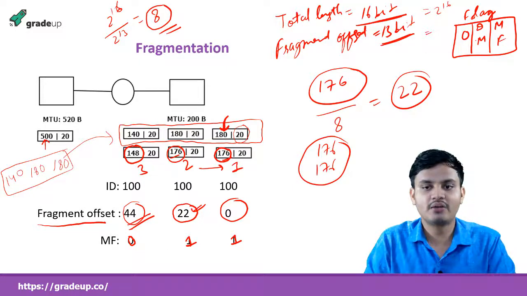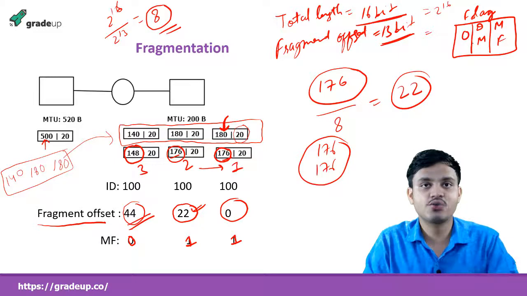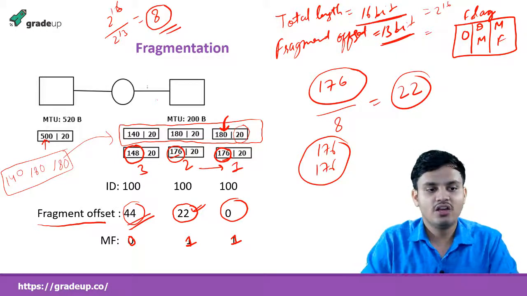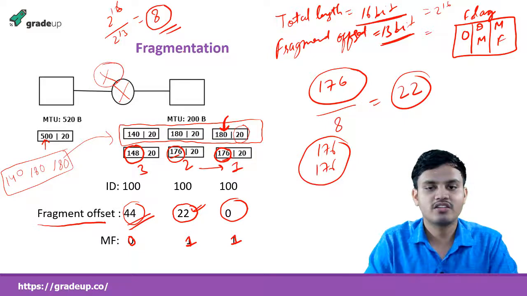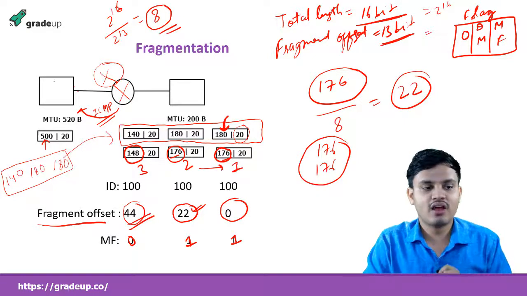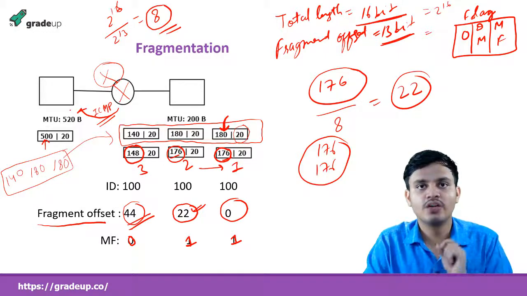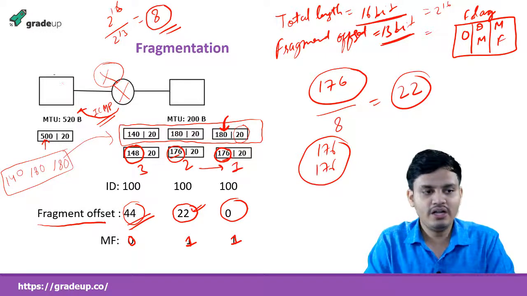Do Not Fragment means if you make it 1, you cannot fragment the packet. When the router sees that this bit is 1, it will discard the packet, and an ICMP packet will be sent, which we will learn about, telling the source why it was discarded and what it should do.